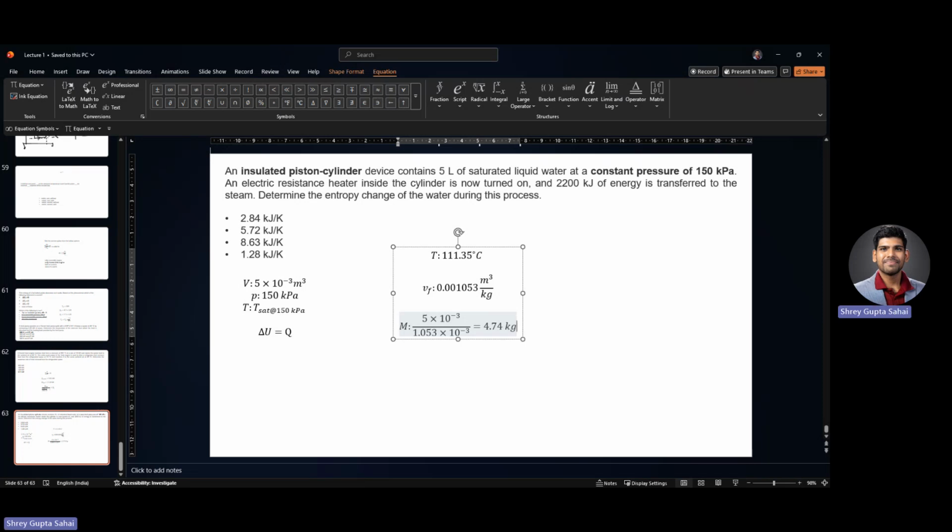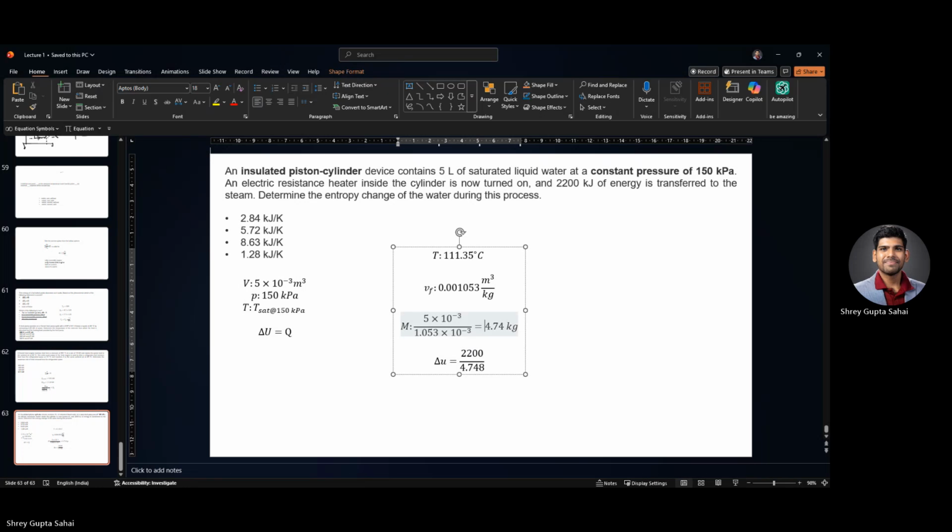And now for that, delta U will be 220 divided by 4.74, which comes out to be 463.32 kilojoules per kg. This much energy you will have to increase.